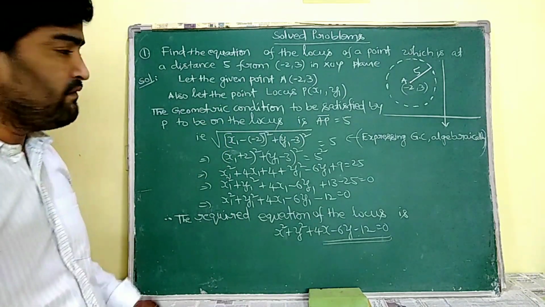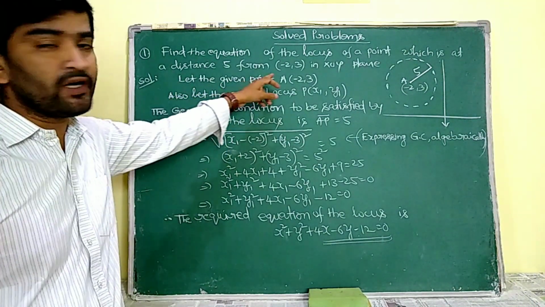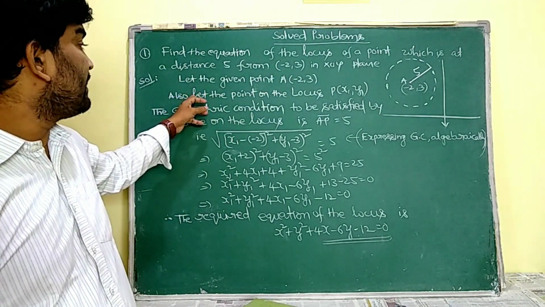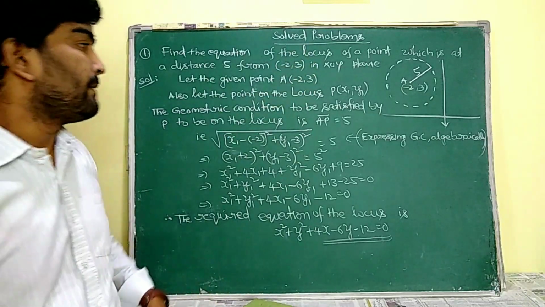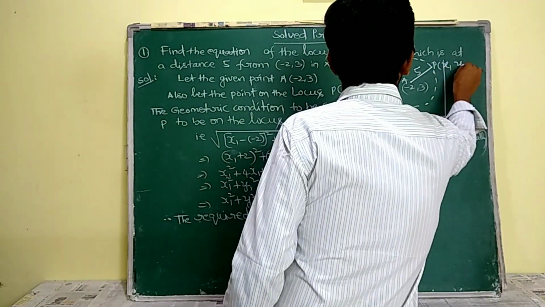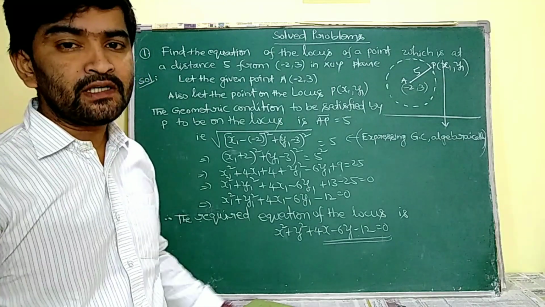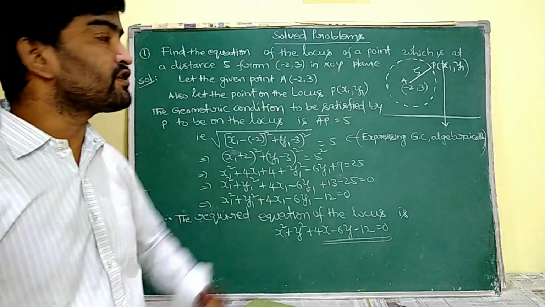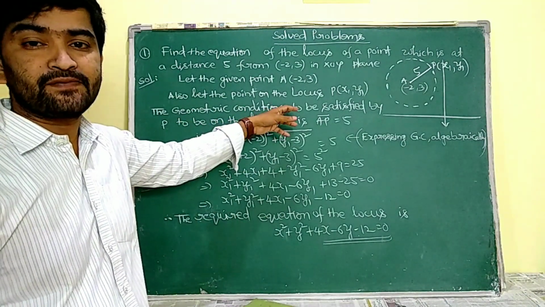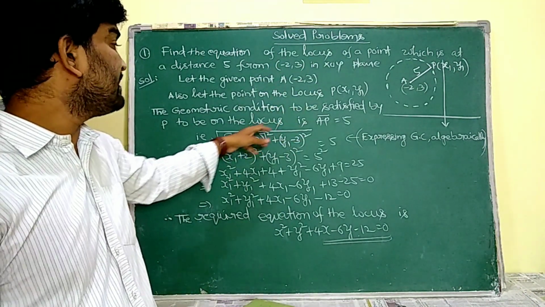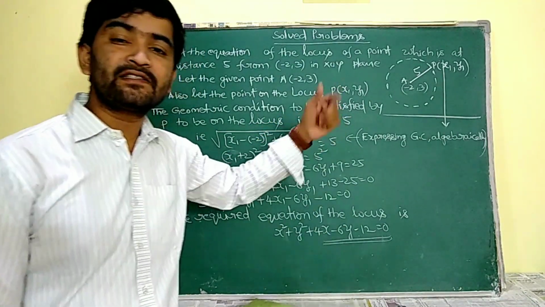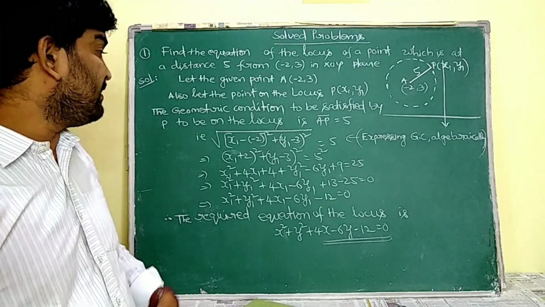For that, let the given point be A (-2, 3). Also let the point on the locus be P (x1, y1). We know the geometric condition here is AP equals 5 units. Now I have to express this geometric condition in algebraic form.